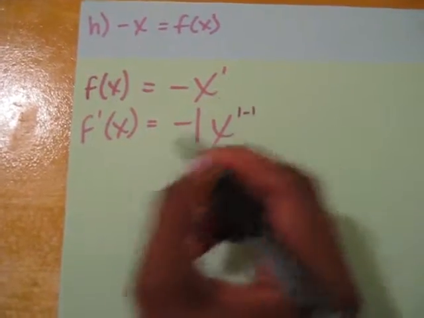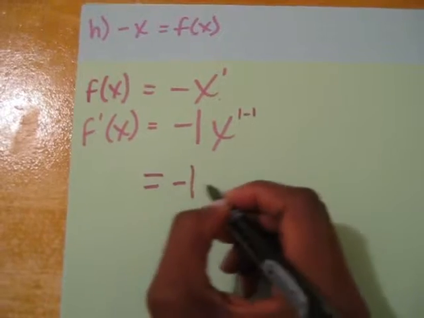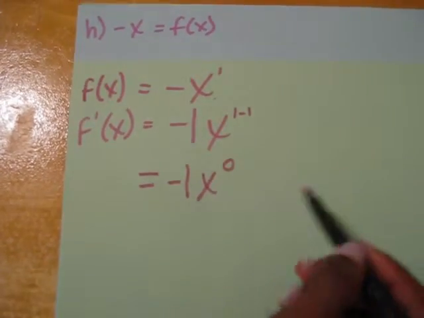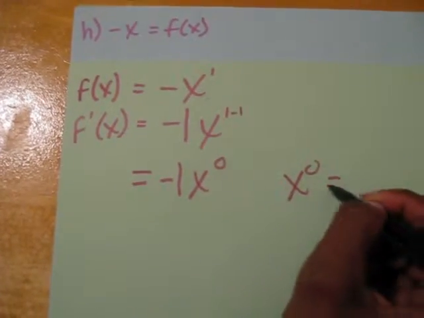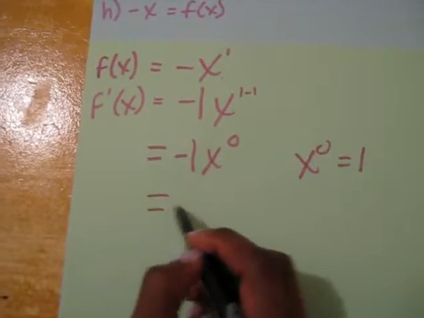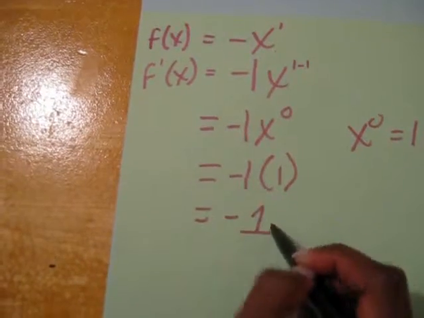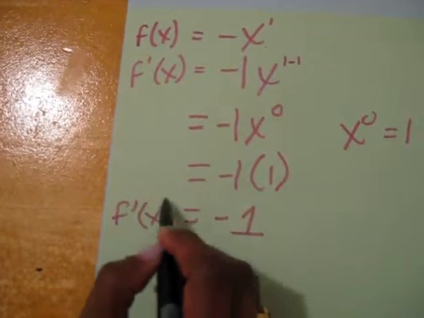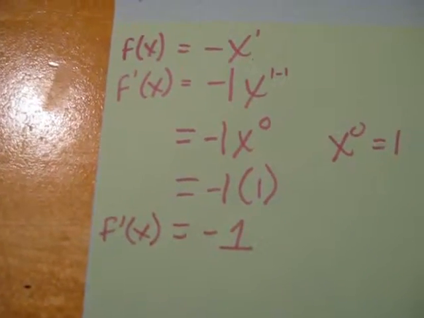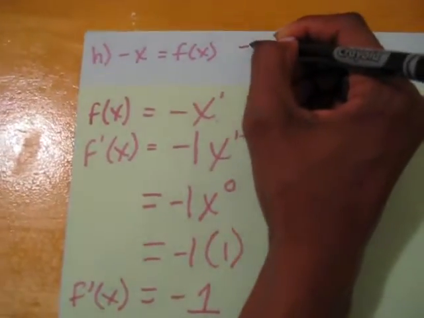So 1 minus 1. So this will give you negative 1 x to the 0 power. Now x to the 0 power equals 1. So all this means is negative 1 times 1, which is just negative 1. So then we'll add that to the answer here.